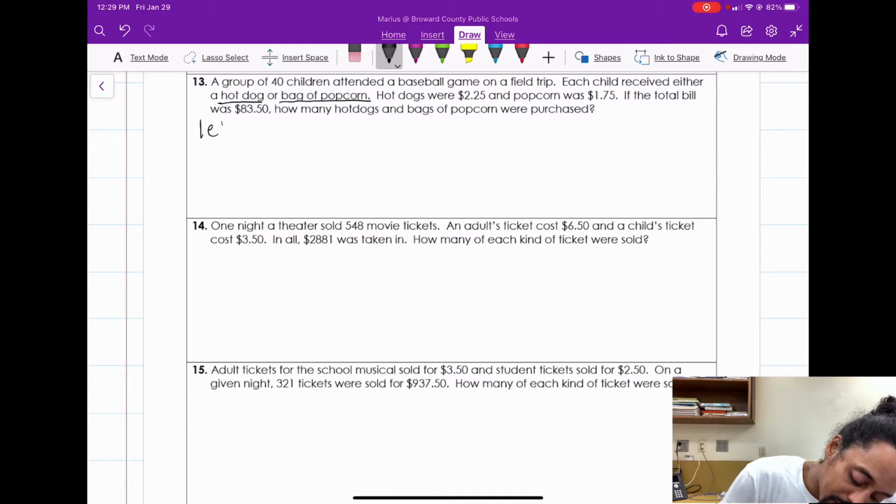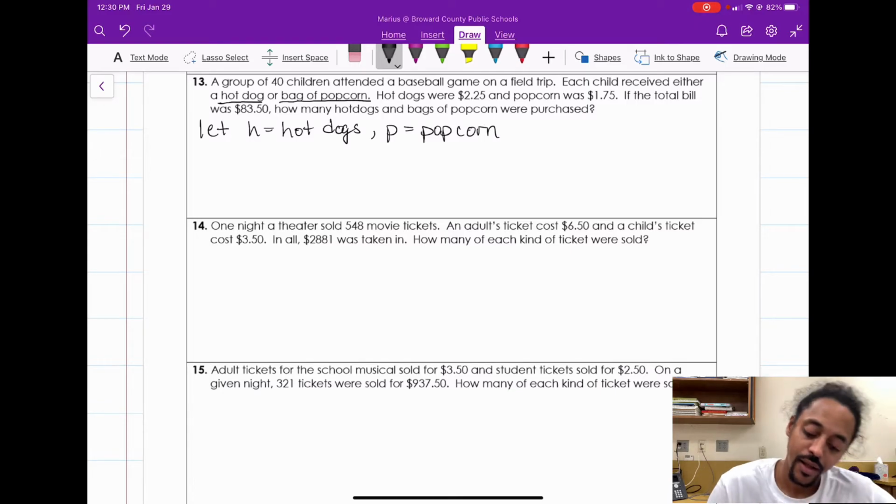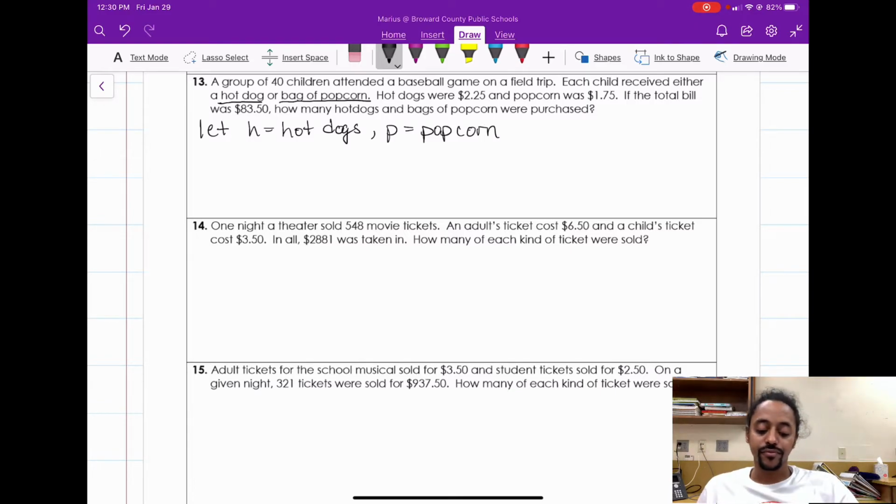So, I'm gonna let H equal hot dogs, and I'm going to let P equal popcorn or bags of popcorn, right? Popcorn. I can't spell today, y'all.